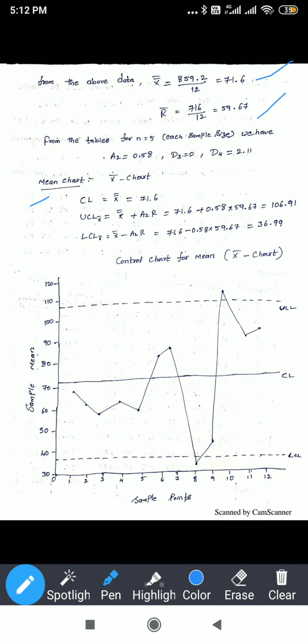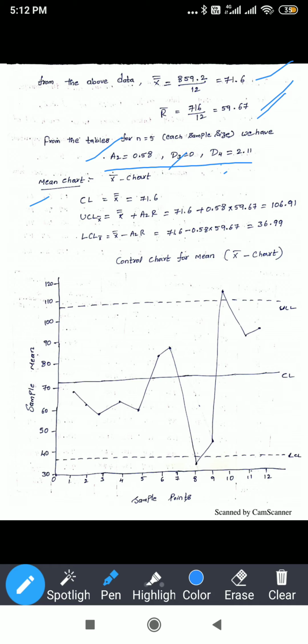Also, we already calculated the range total, 716. When you divide by the number of samples, you get the mean of the range, that is 59.67. And these are the table values. Here you see each sample size is 5, so for 5 this is the A2 value, this is D3, and this is D4.